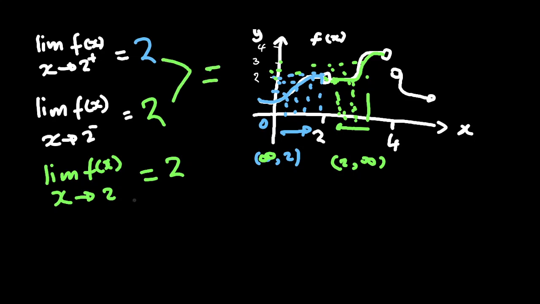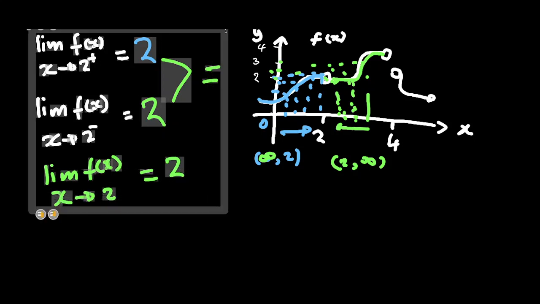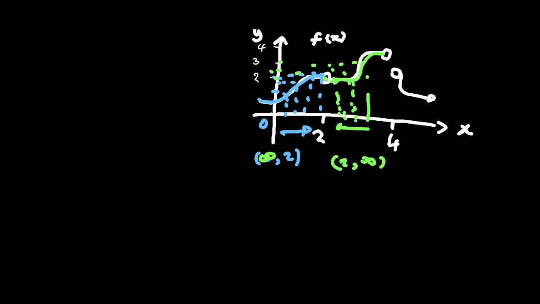But what about the limit of f(x) as x approaches 4? What about the limit of f(x) as x approaches 4? What will it be equal to? So if you notice here, what will the limit of f(x) as x approaches 4 from the right be equal to?